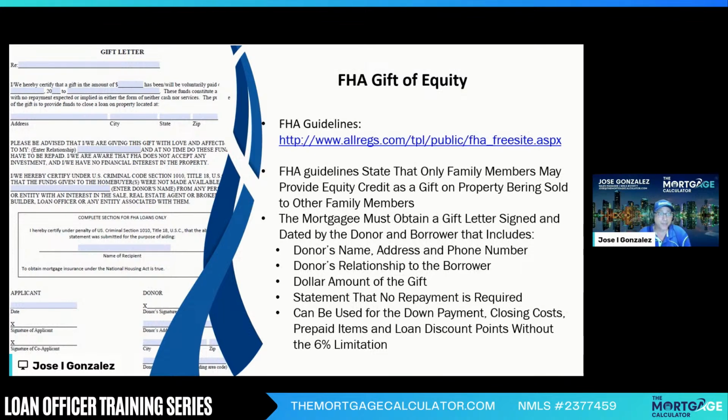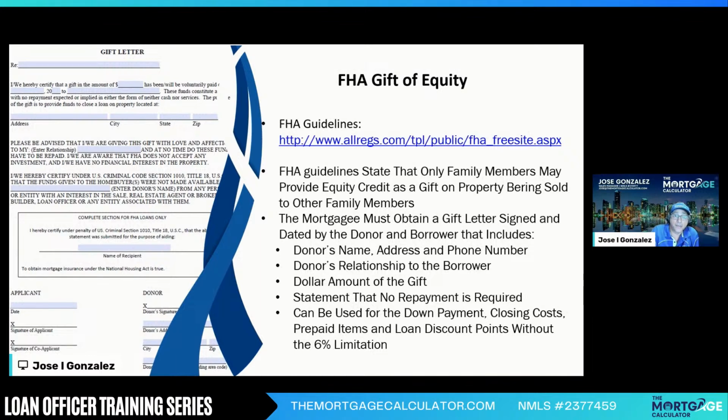The mortgagee must obtain a gift letter signed and dated by the donor and borrower that includes the donor's name, address, phone number, donor's relationship to the borrower, the dollar amount of the gift, and a statement that no repayment is required.